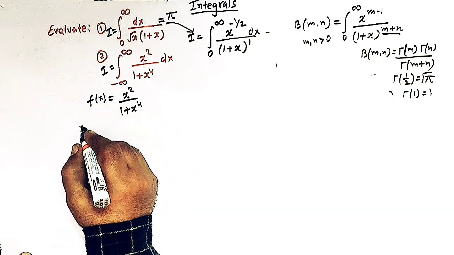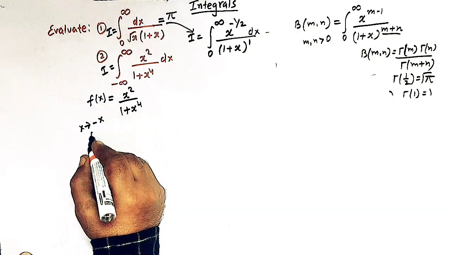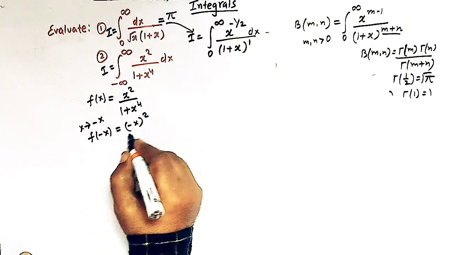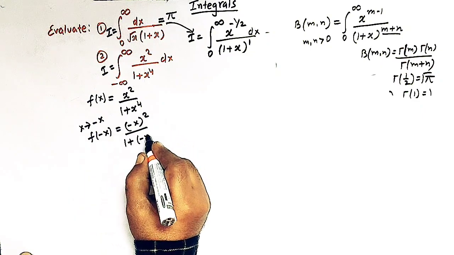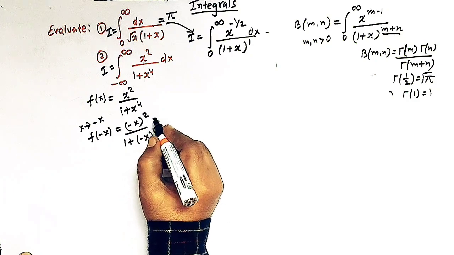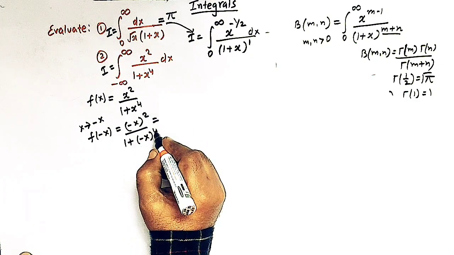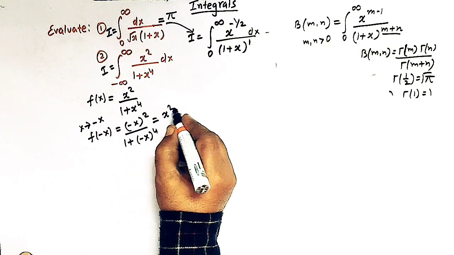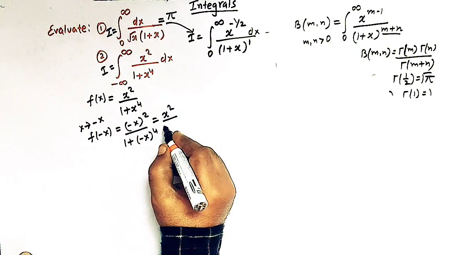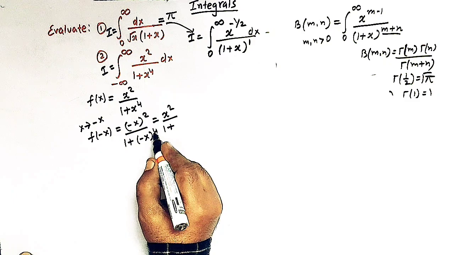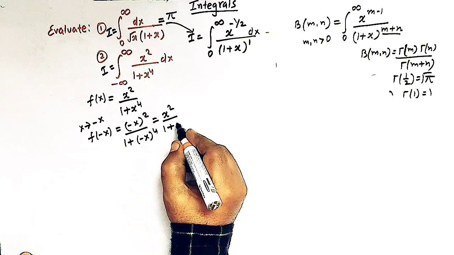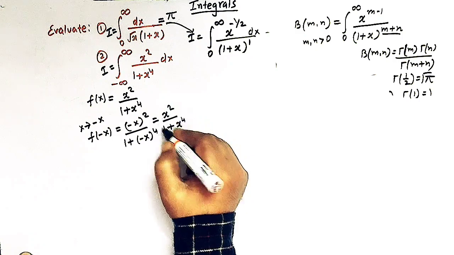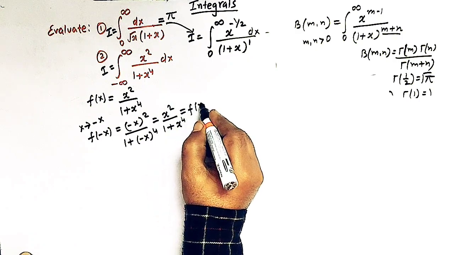Now if we replace x by minus x, then we have f of minus x is minus x square over 1 plus minus x raised to 4. Now since 2 and 4 are even numbers, so here minus x square is simply positive x square, and here the fourth power of minus x is simply x raised to 4. So this function is equal to f of x.